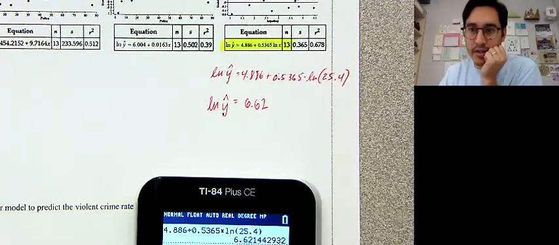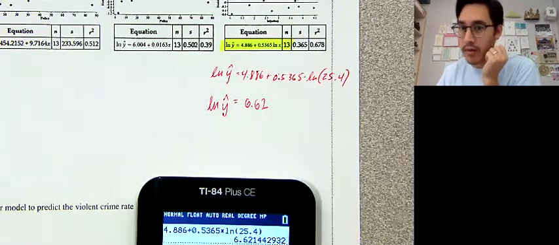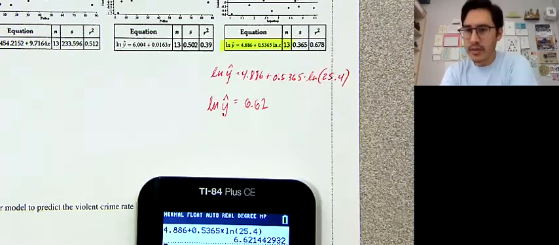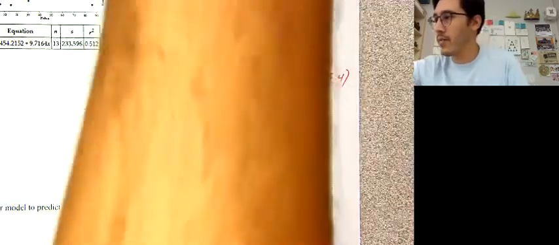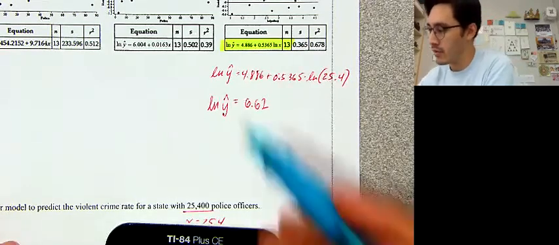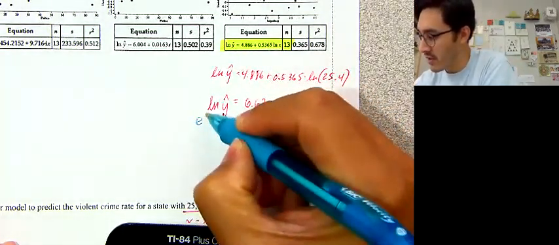Okay. Well, that is not the predicted violent crime rate. It's the predicted natural log of the violent crime rate. Okay. So what we have to do now is use an inverse operation to get rid of the natural logarithm. And so I'm going to use a base of e.